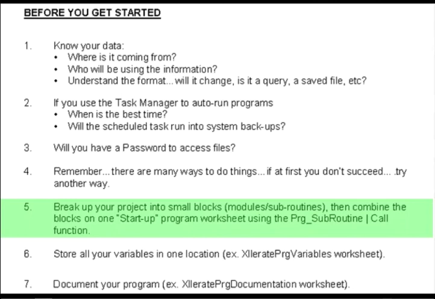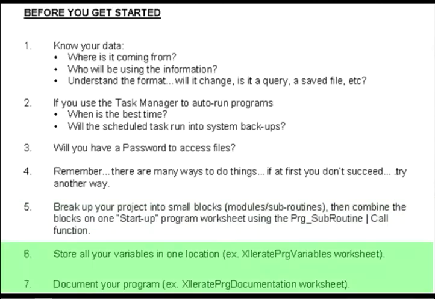Once all modules in your workbook have been programmed, they can be combined onto a final program worksheet using the program_subroutine call function. And finally, number 6 and number 7, as a programming standard, remember to use the Xllerate Programs variable and documentation worksheets to store important information about your program for yourself and others to refer to in the future.